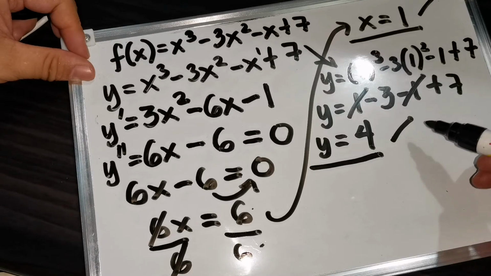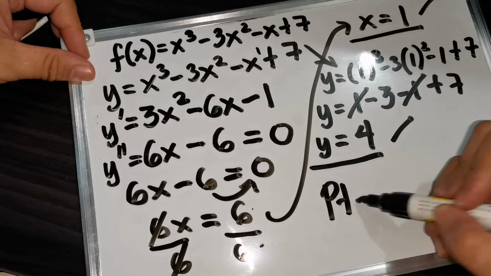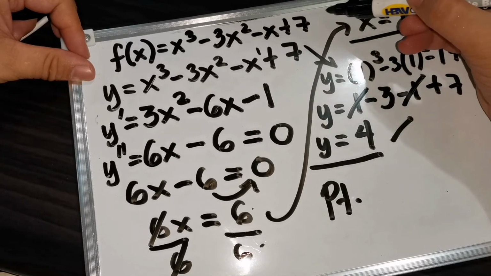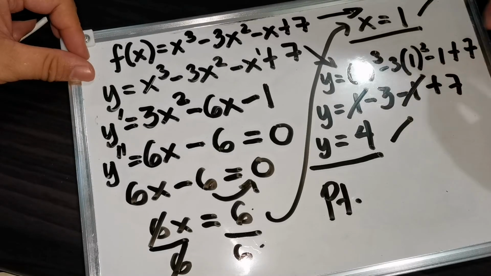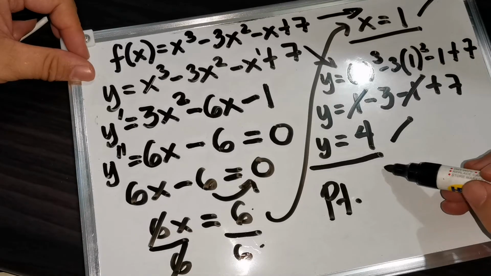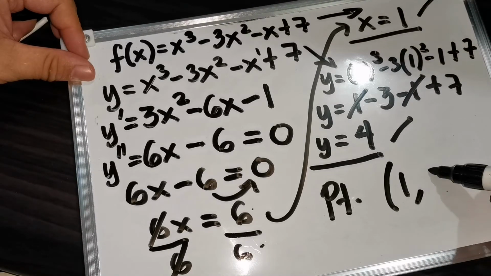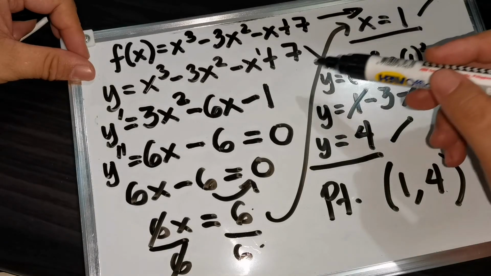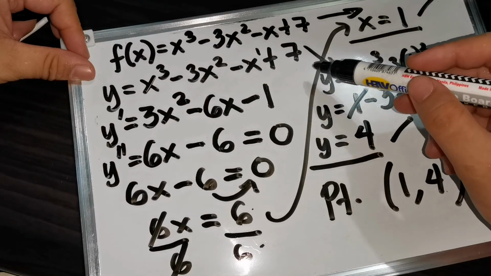So meaning to say the coordinates of the point of inflection for this given cubic function will be equal to 1 and 4. Now, let's try to recall: for us to get the point of inflection of a given function, we need to get first your first derivative of the given function.